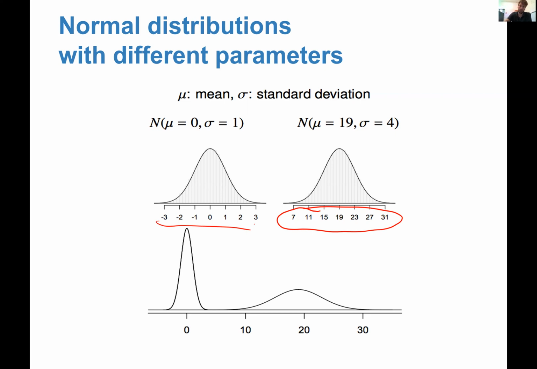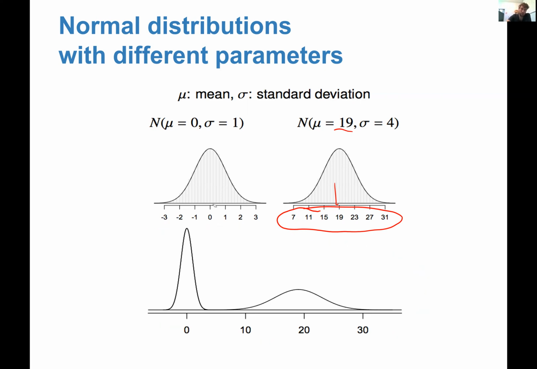It's centered at 19, and it's jumping by 4s on the tick marks in the bottom, whereas on the left it's jumping by 1. If we graph both of these in the same window, they look like this.